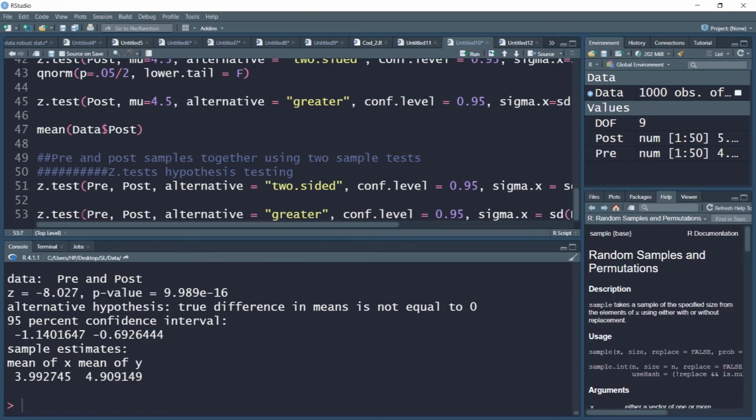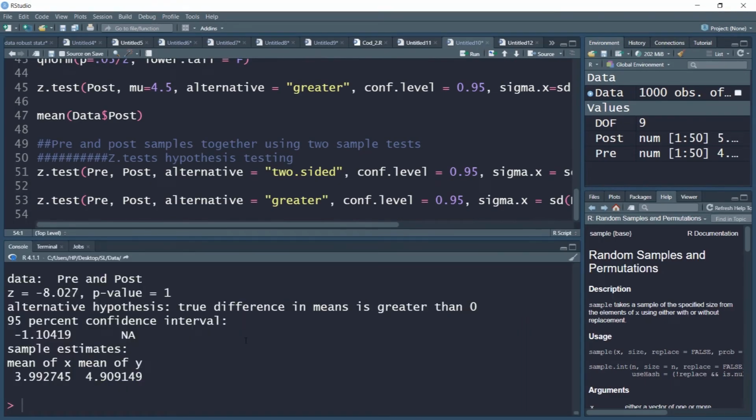Let us run this test. Notice the difference is negative, that is pre minus post is negative, and therefore the p-value is 1, which means this test is spurious. That means clearly the post values are more than pre, and therefore this test becomes spurious.